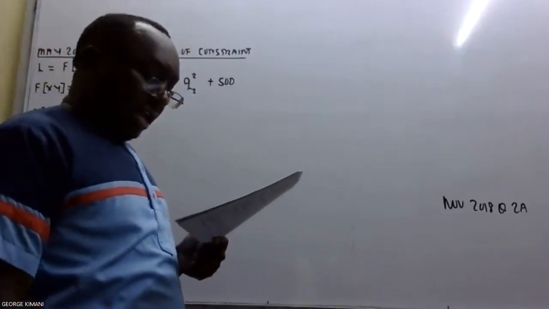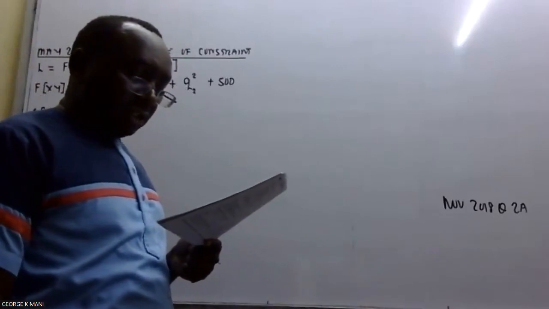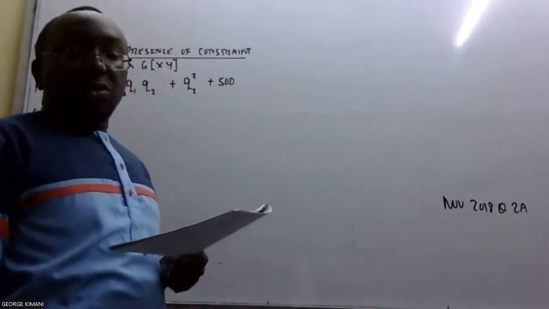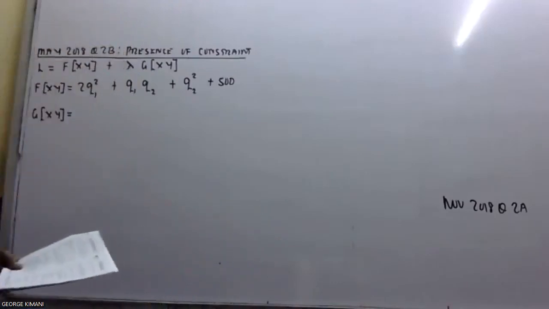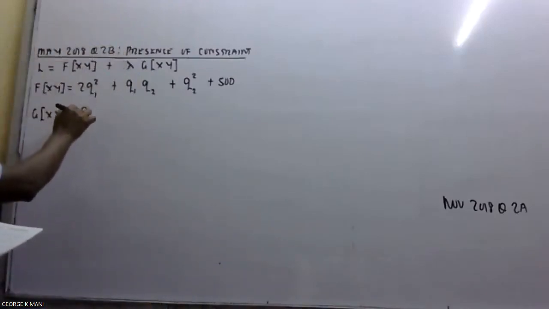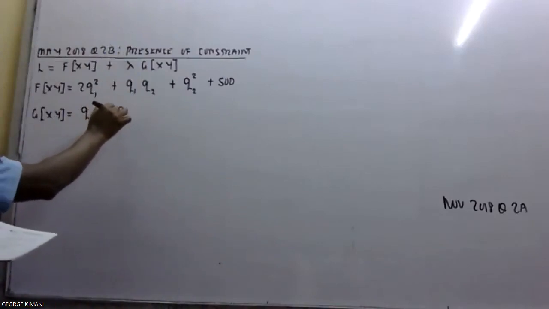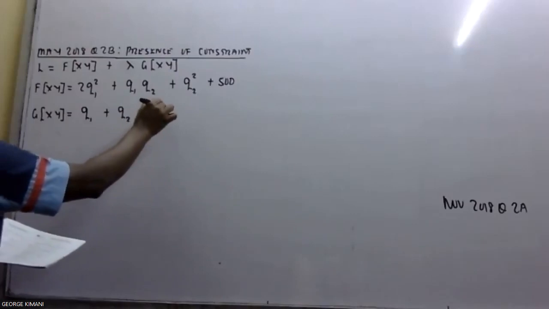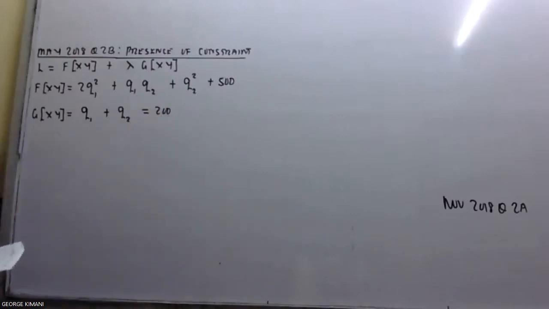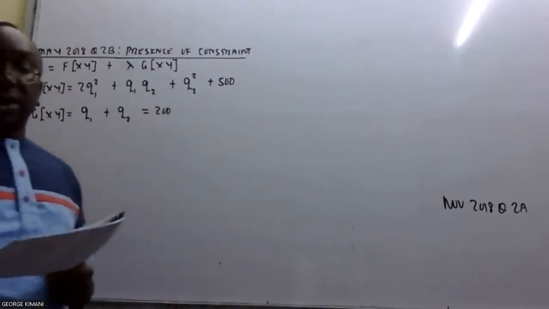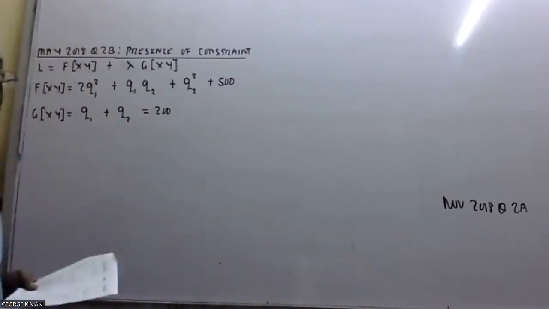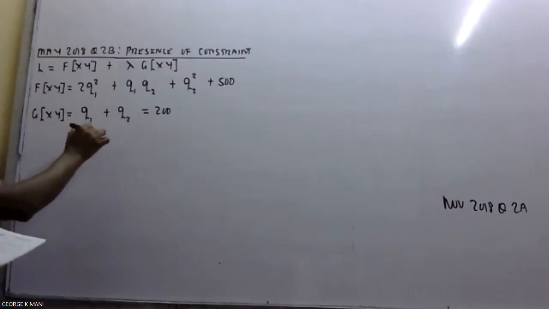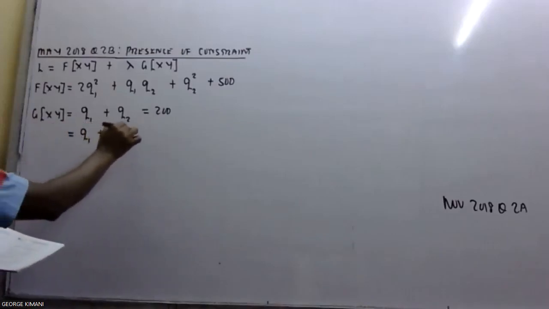We are told there that BC has received an order to produce 200 units. What that means is Q1 plus Q2, in whichever way, they will give us 200 units. So this is normally written as Q1 plus Q2 minus 200.